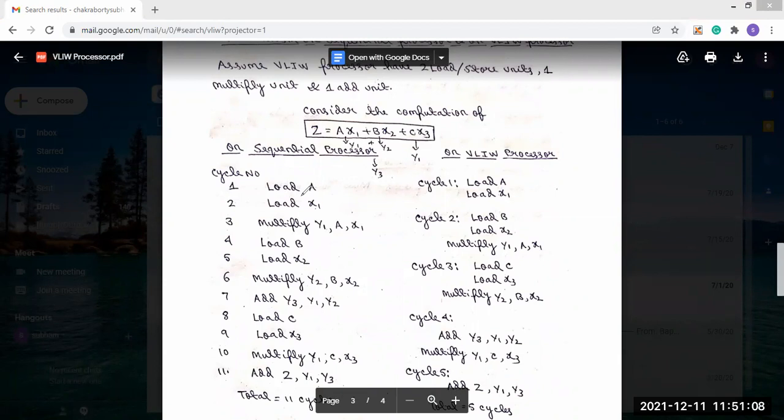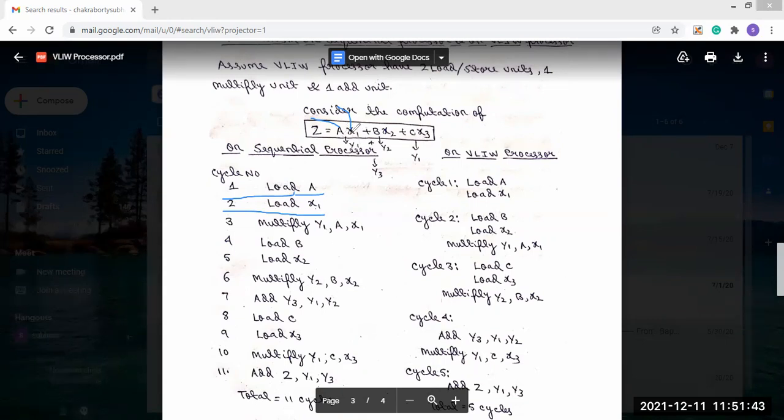So first, what do we have to do? In the first clock cycle, we have to load A. Then in the second clock cycle, we have to load X1. Now we have already loaded A and X1, and between them we do the multiplication.